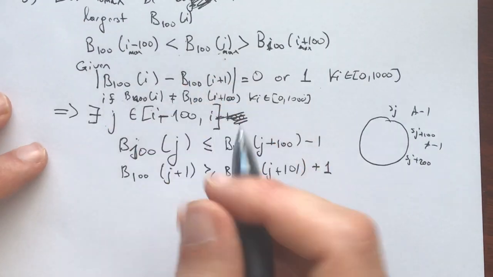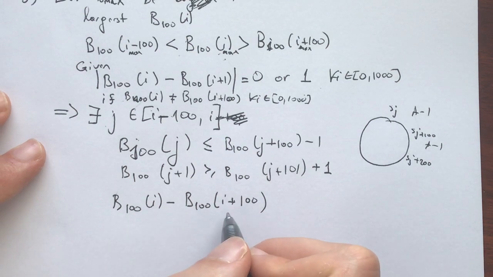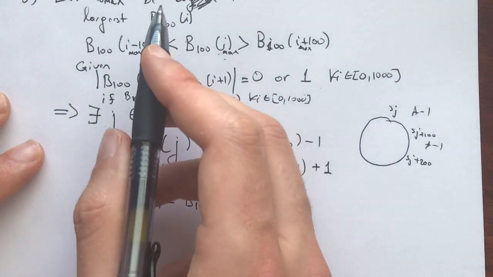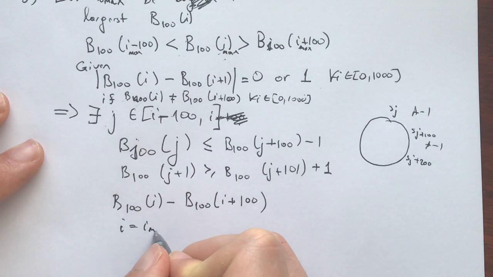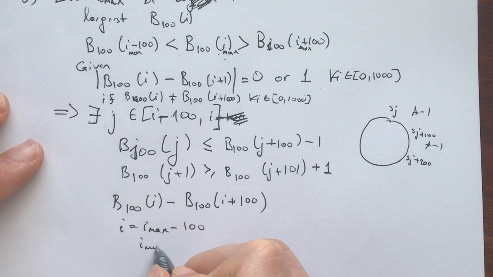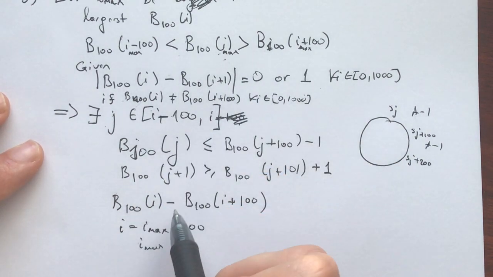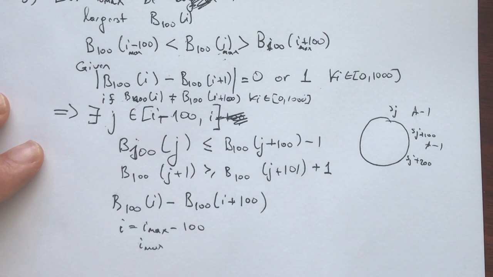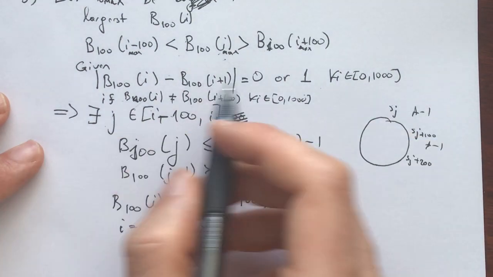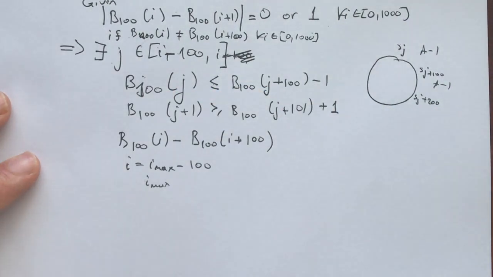And the way we know this is because we are looking at the function B100 of i minus B100 of i plus 100. At i equals i max minus 100, this thing is negative. At i equals i max, this thing is positive. And because this function changes by either 0, 1, minus 1, 2, or minus 2, we know that there exists a place where it changes sign, and for that place we will have these inequalities.